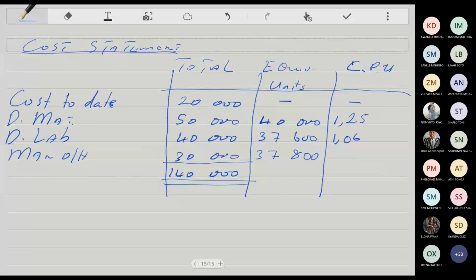And 30,000 divided by 37,800, here it gives us 0.79. So 125 cents plus 106 cents plus 79 cents, we've got a cost per unit of R3.10. And we can go into our allocation.